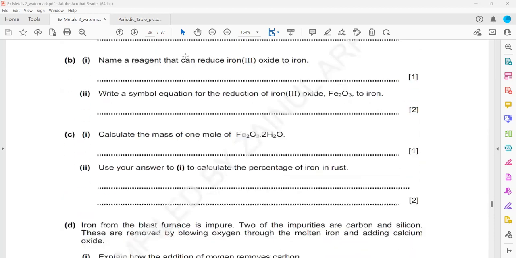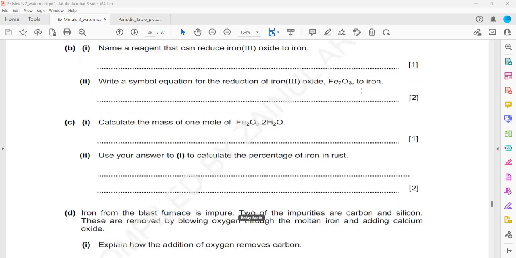Name a reagent that can reduce iron(III) oxide to iron.